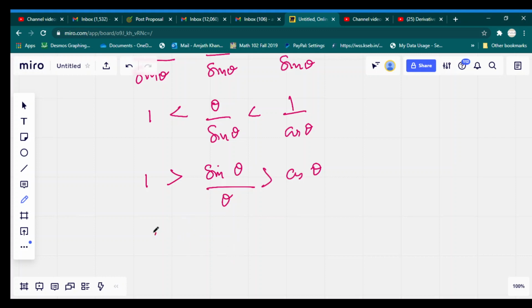Reversing again: cosine theta is less than sine theta over theta is less than 1.